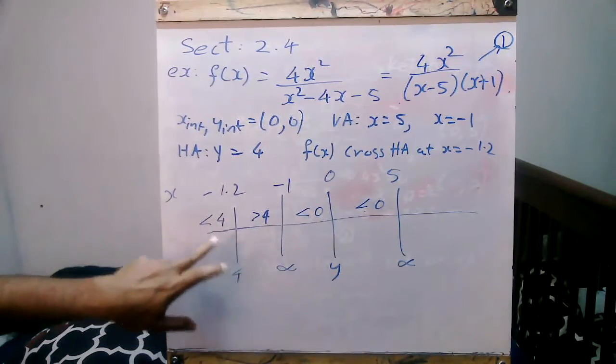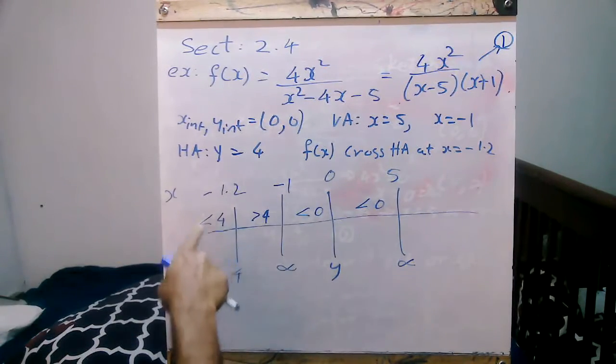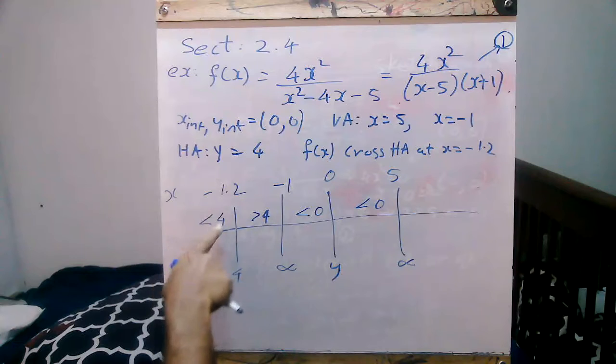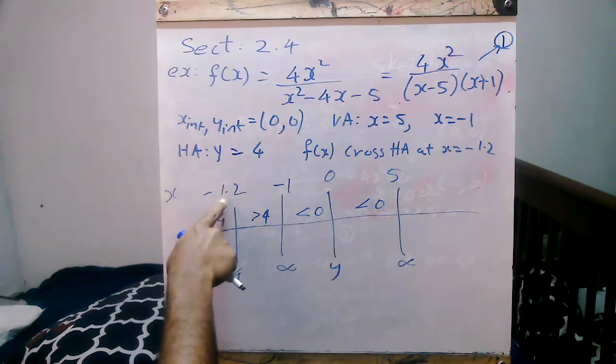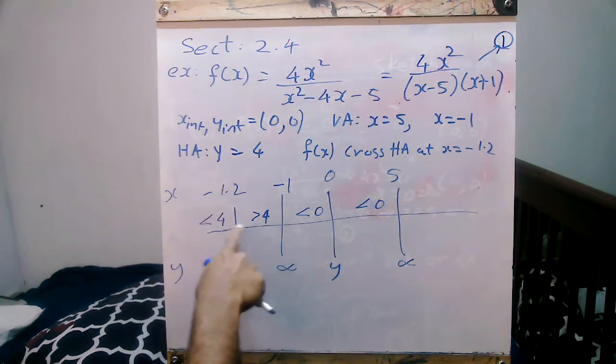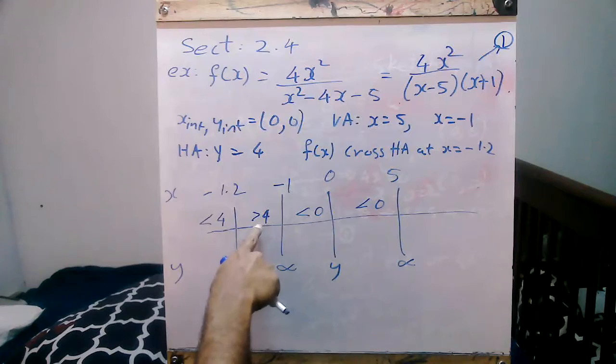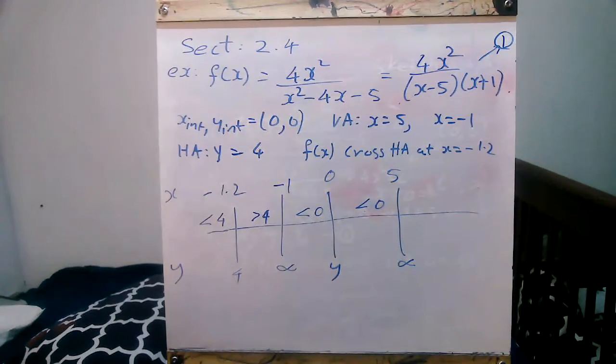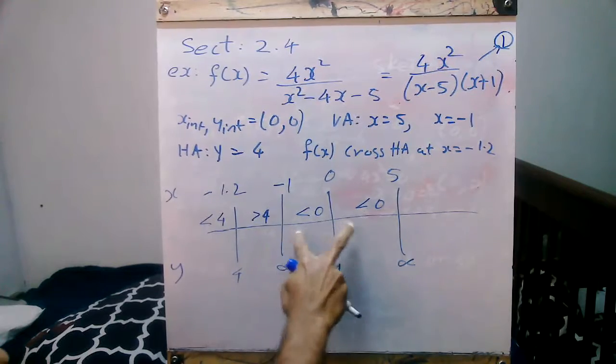We did this in class. To find the number here, you substitute any number less than negative 1.2. You may substitute negative 2 here. In between negative 1 and negative 1.2, you may substitute negative 1.1. Likewise, substitute and find. Here you need the sign.